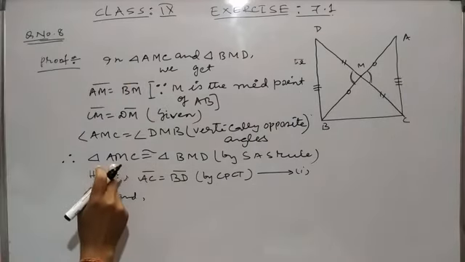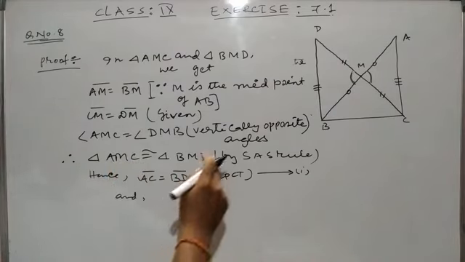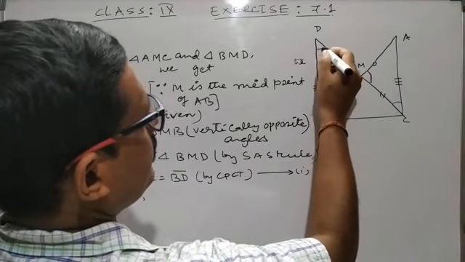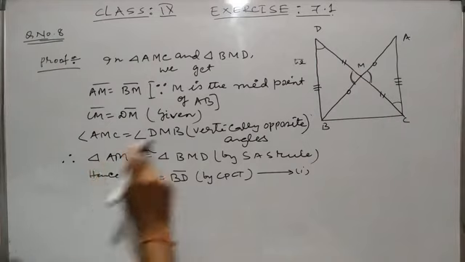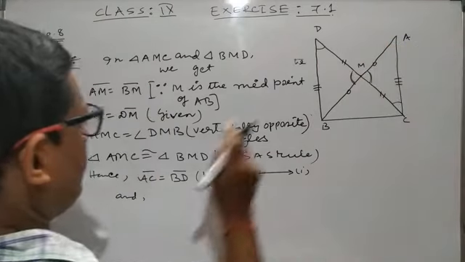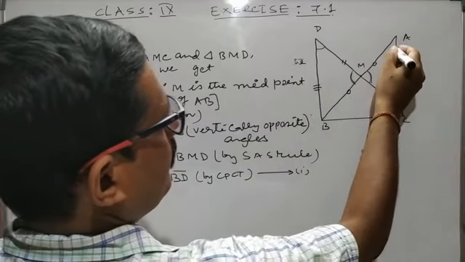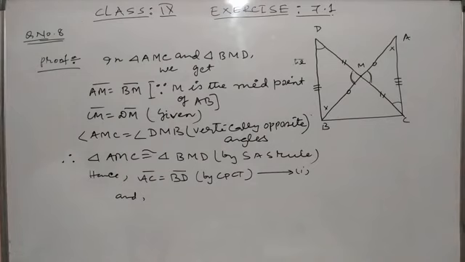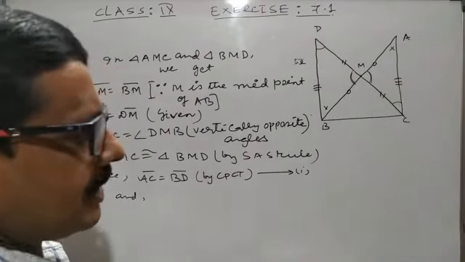Here you see C in this triangle and D in this triangle are equal. C means this angle, D means this angle. Also A in this triangle and B in this triangle will also be equal. But we want only any one pair. We don't want two pairs. This angle and this angle are equal by CPCT.